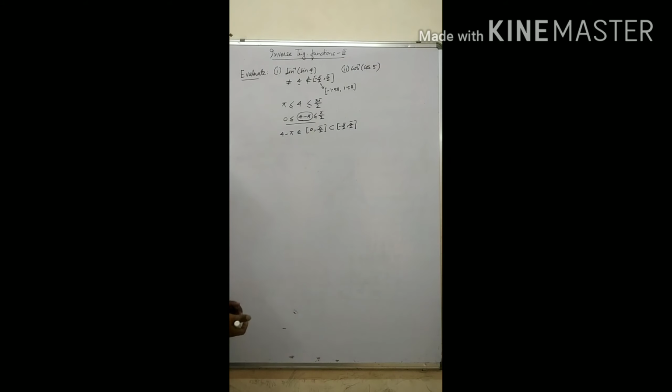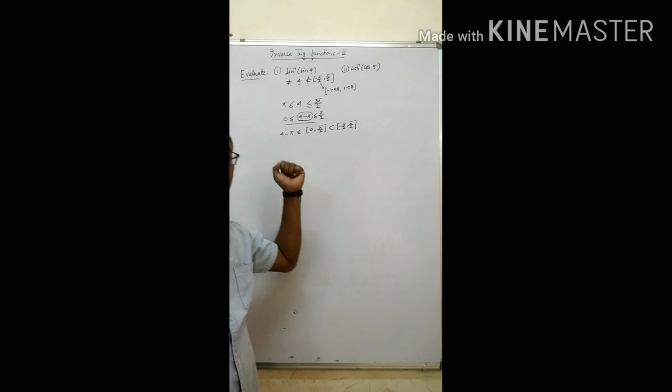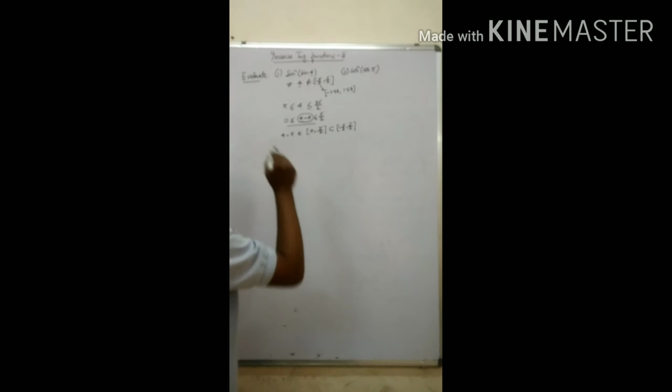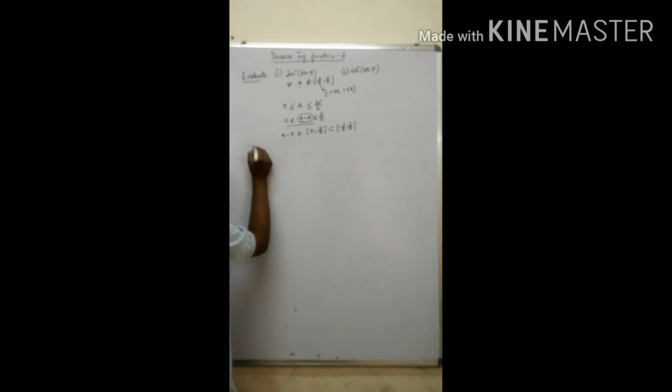Now if the question had been sine inverse of sine of 4 minus pi, I could have written 4 minus pi. Now all I need to check is whether sine inverse of sine of 4 is 4 minus pi or not.